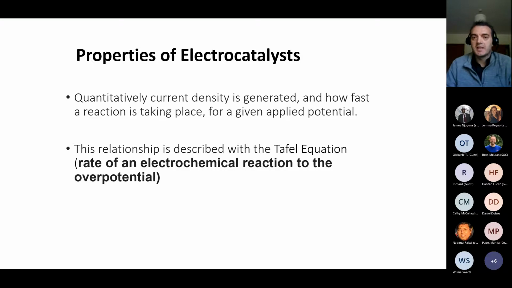So it's how it's generating and how fast a reaction is taking place, given a particular applied potential. That relationship between the rate of the electrochemical reaction and the overpotential is called the Tafel equation. I'm not going to go into equations or anything like that. I just wanted to mention it because this is important when we design electrocatalyst materials.